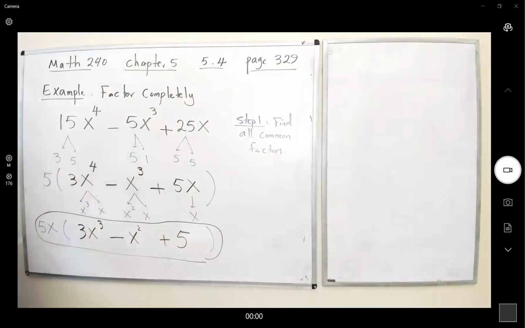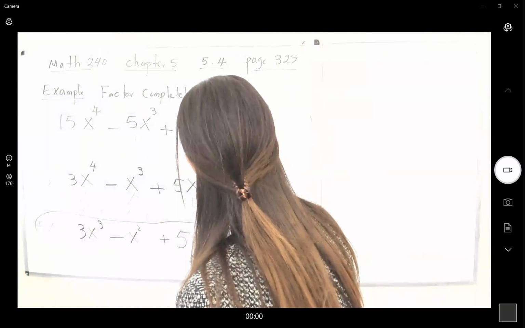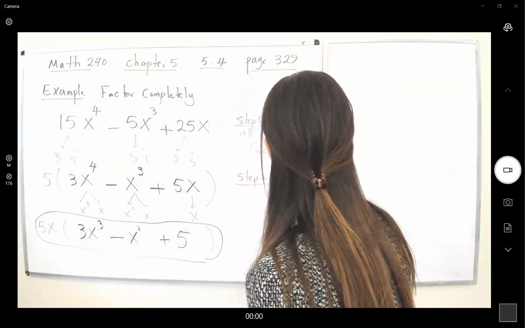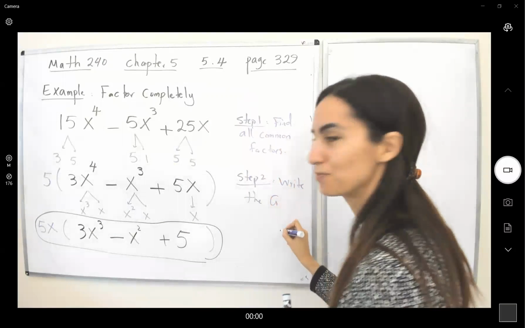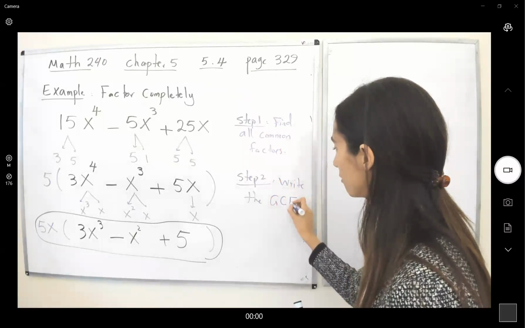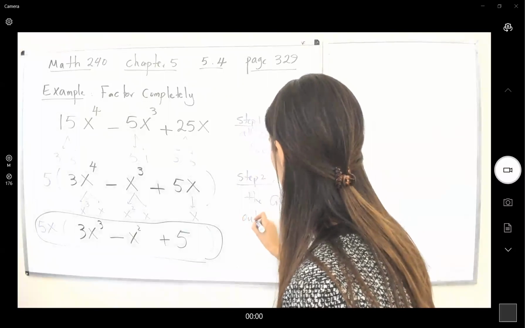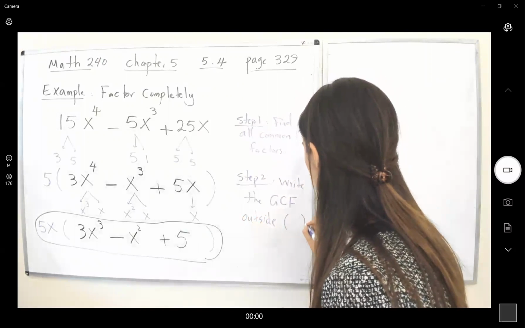5x is called the greatest common factor. Step 2. Write the GCF, the greatest common factor, outside the parentheses.